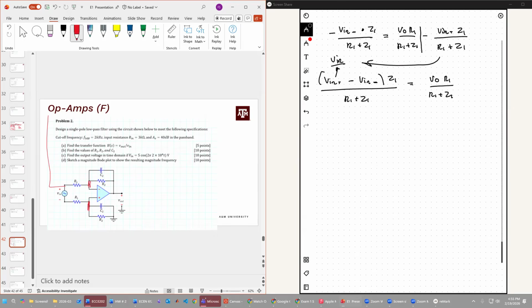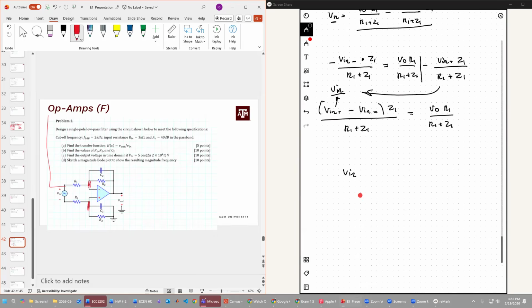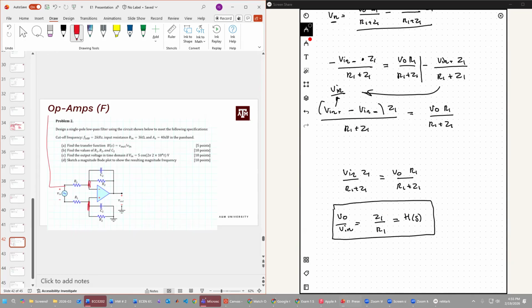Vn is going to be equal to Z1 R1 plus Z1 equal to V out R1 over R1 plus Z1, and then the output over the input simply becomes Z1 over R1. Wow, that was a very long derivation.